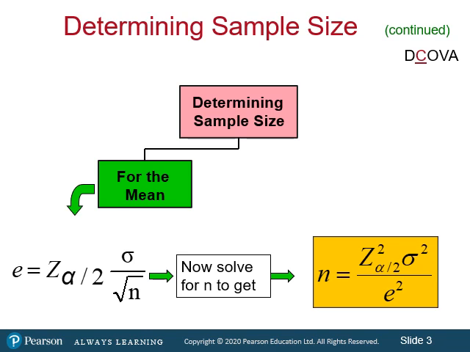So how do we determine the sample size is by using this part here. When we solve this to get n, we will get n equals z alpha divided by 2 to the power of 2 times sigma squared divided by error squared.